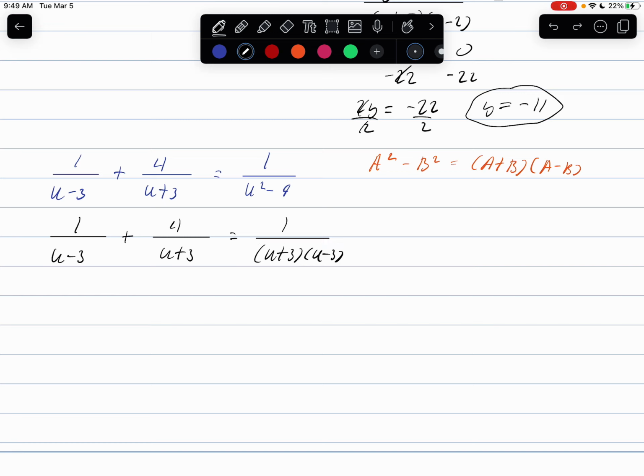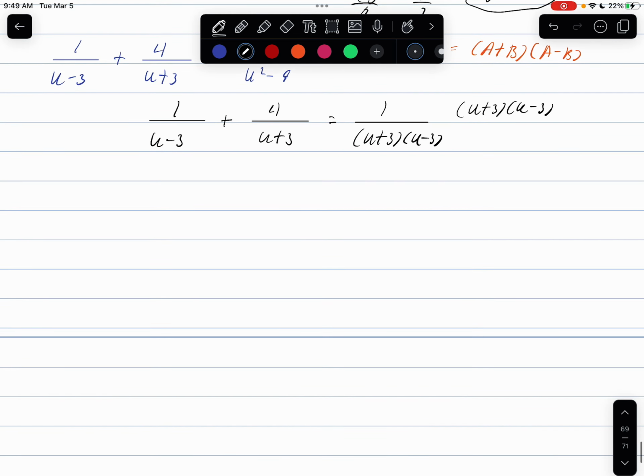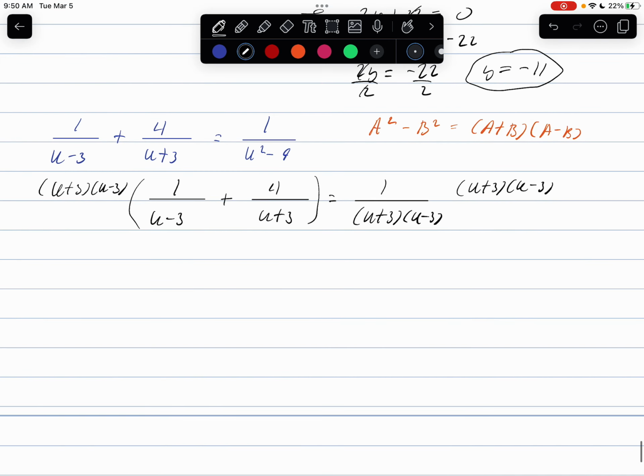What that's going to do is allow us to cancel what's in the denominators over here. So let's go ahead and multiply by u plus 3 times u minus 3. Let's move this because we need a little more space here. Okay, so now we're going to do u plus 3 times u minus 3, and that's going to allow us to cancel here.